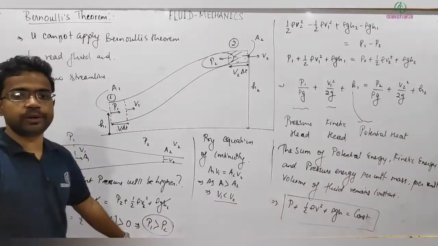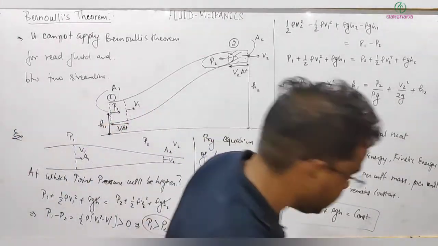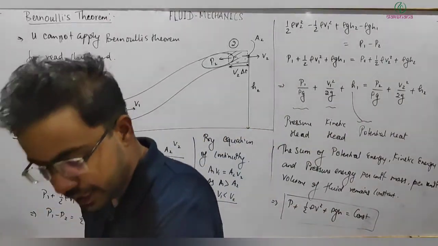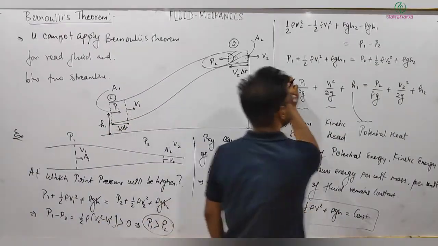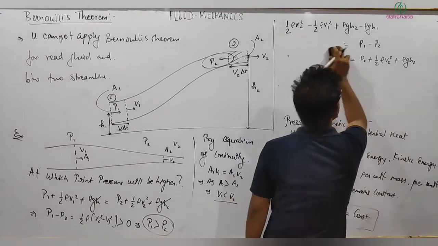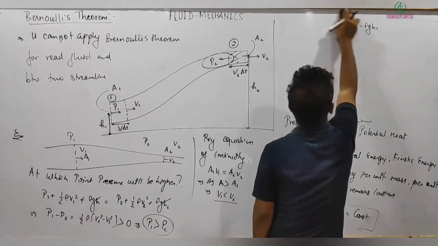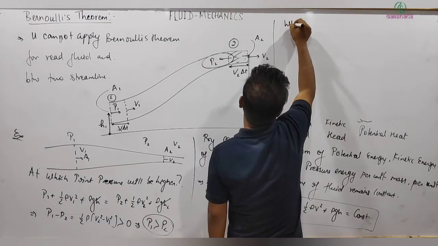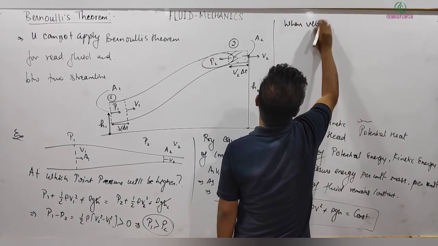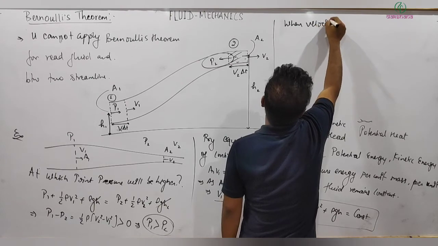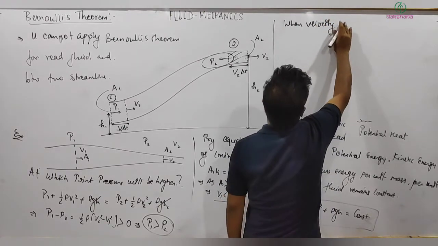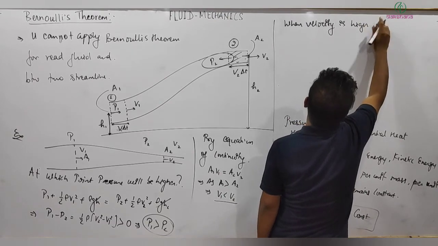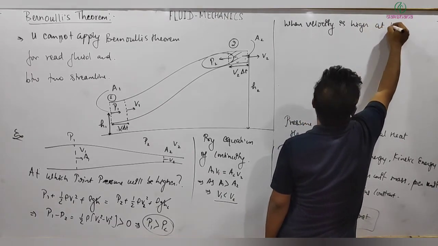This is also a very important result. What is it saying? In a fluid flow, if at one point the velocity is higher, then the pressure will be lower. So when velocity is high, pressure will be low at that point.